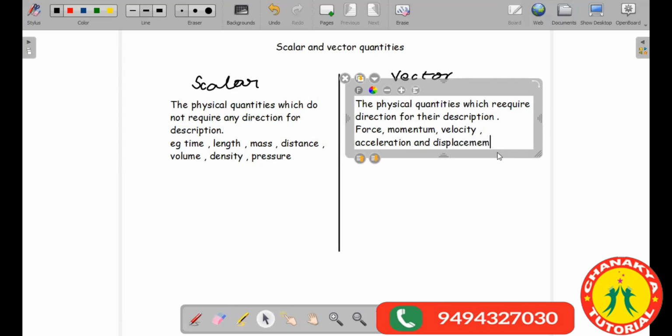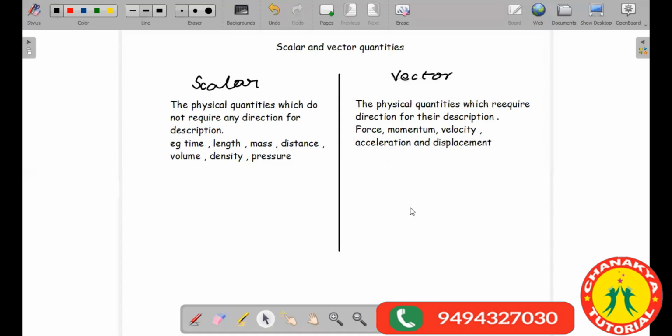Sir, can retardation also come? Retardation is the same as acceleration. So acceleration and retardation are the same. Just a different name is given. If it has some specialization, a different name is given to that.